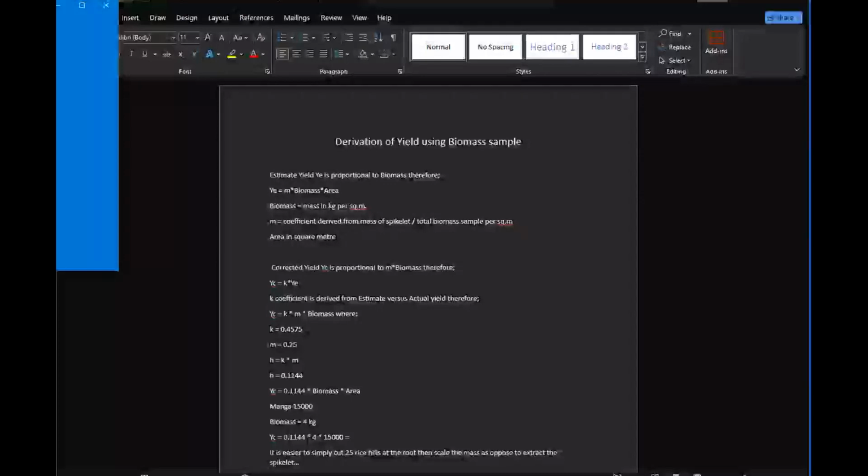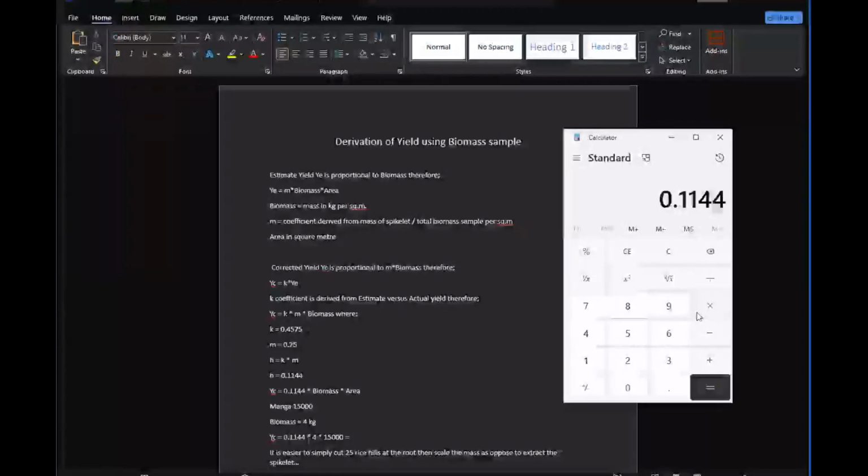So 0.1144 times 4 kilos, come on, times 4 times 15,000. Where's my mistake?